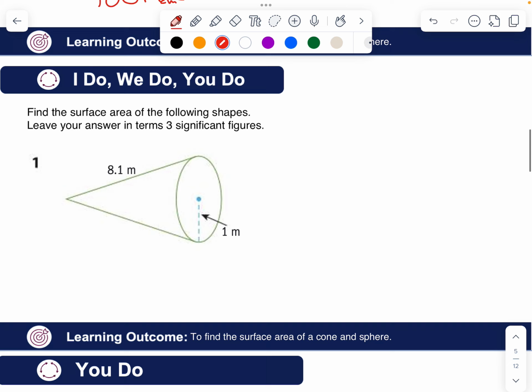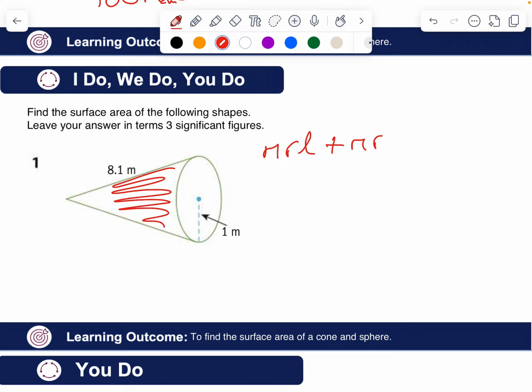Right, the next one we're going to go on to now is a cone. The formula you're given in the book is pi r l. That would be just the curved side. You have to then add pi r squared. Make sure it is the slanted height they've given you. If it's not, they should have given you some information where you could use Pythagoras, but they have in this question.